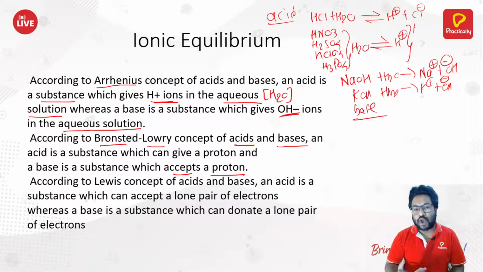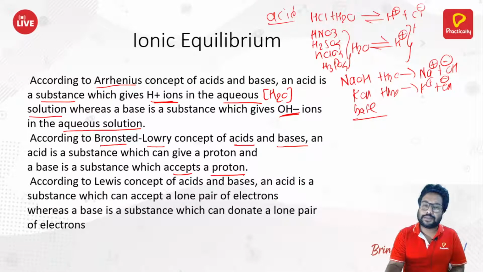What were those flaws? Again, this theory does not consider a compound which does not release H plus ion. That flaw remained there. Then that flaw was removed and corrected by another scientist whose name was Lewis.